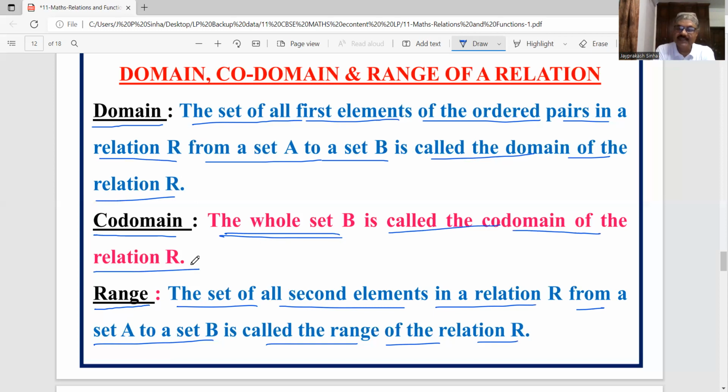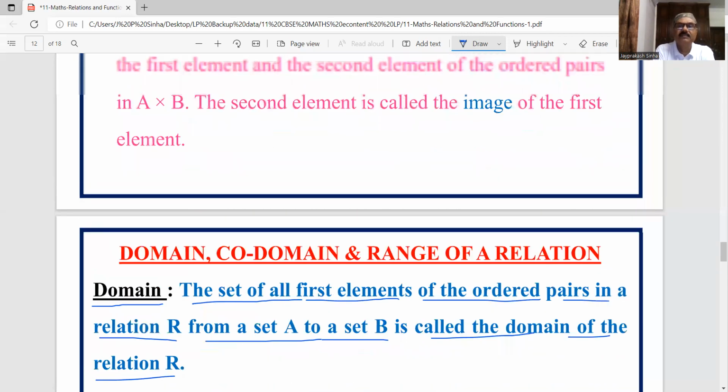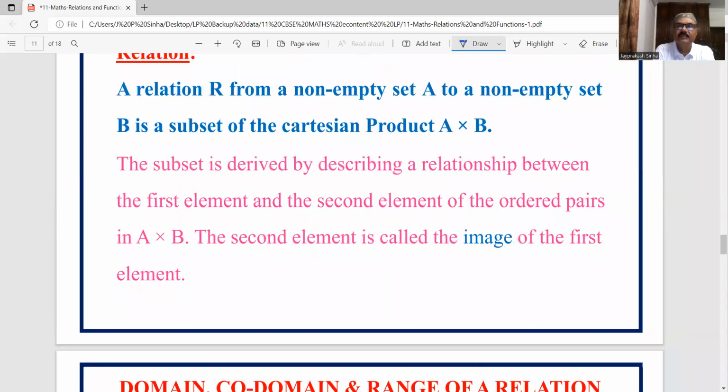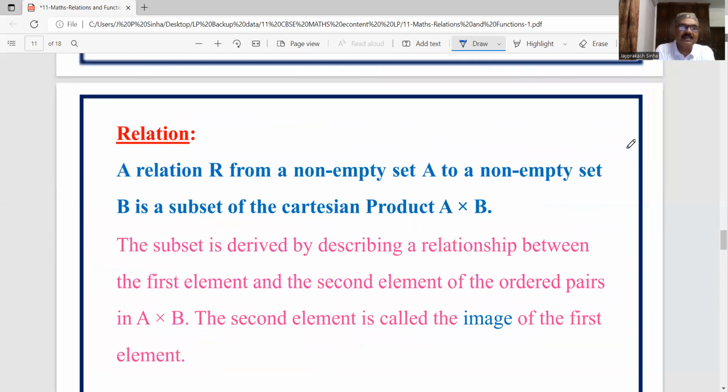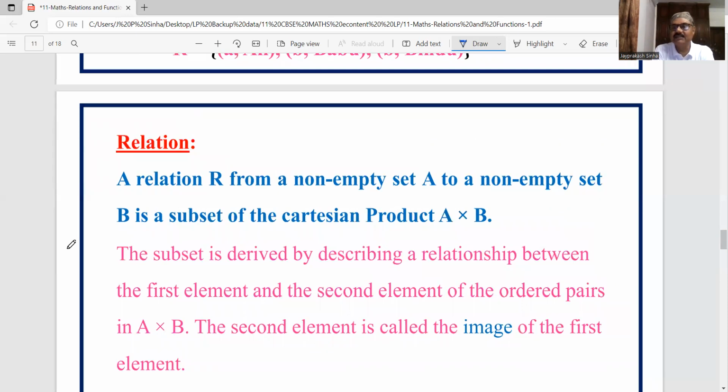Now we are going to understand it from a simple example. So in the last class also we have seen what is a relation, what is the definition of a relation, but we are going to revise it so that it will be helpful in understanding the concept of domain, range and codomain of a relation. So what is relation?